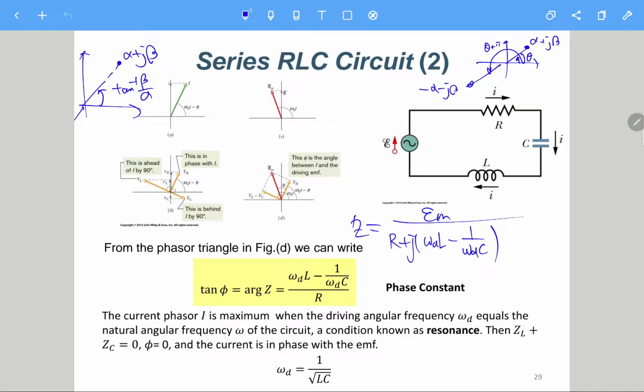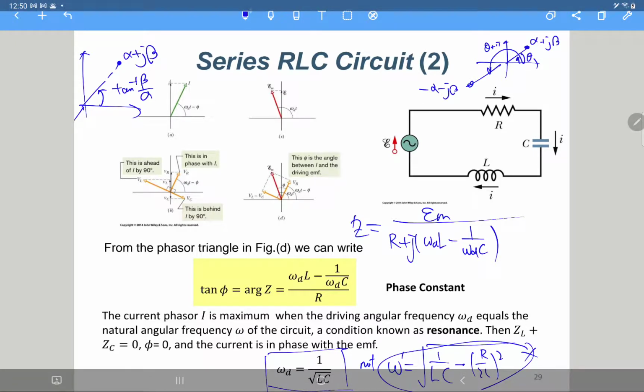And one point here is that omega_d here is 1 over the square root of LC. This is not omega prime, where omega prime equals the square root of 1 over LC minus (R over 2L) squared. This is not the case here.